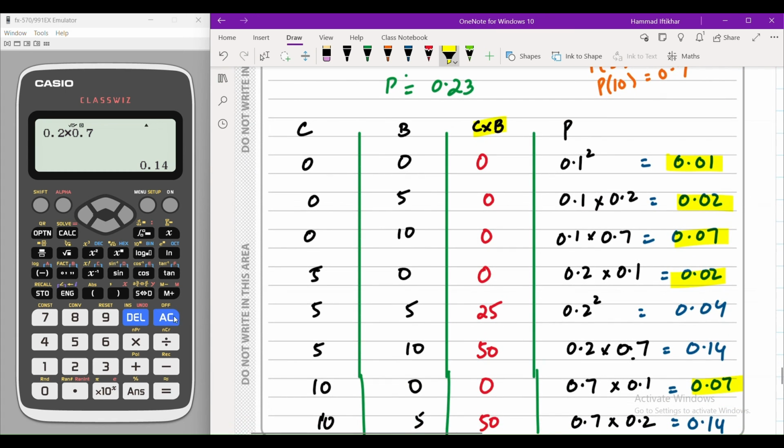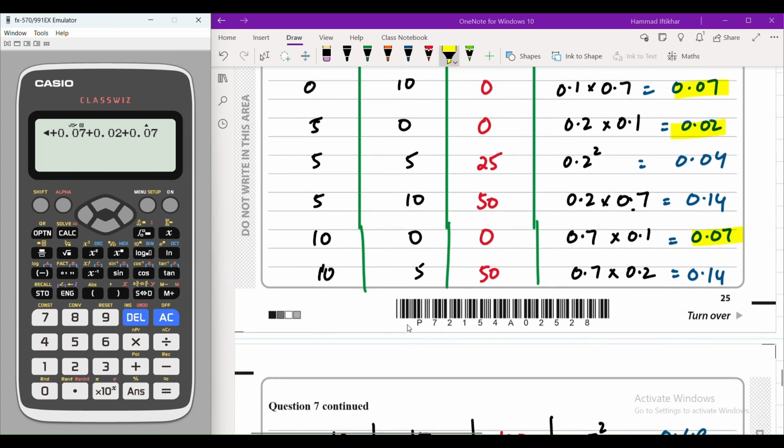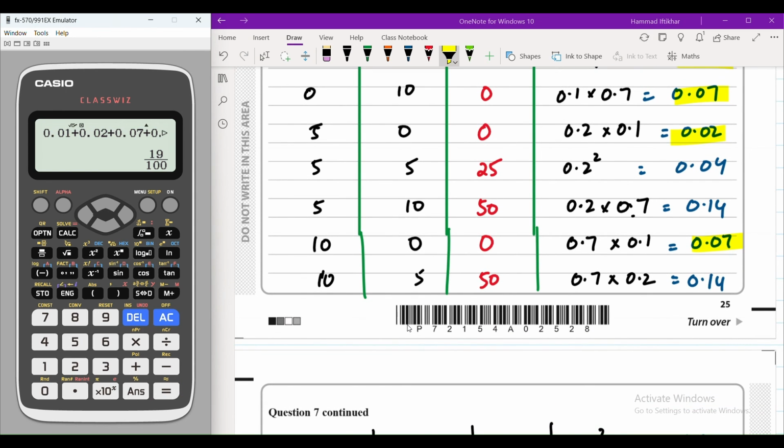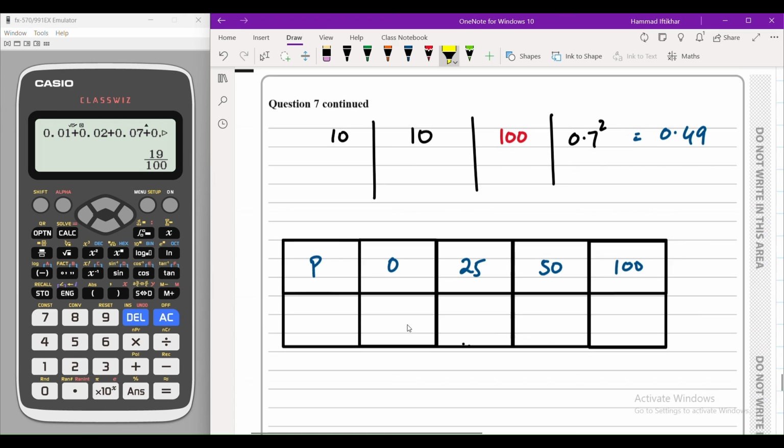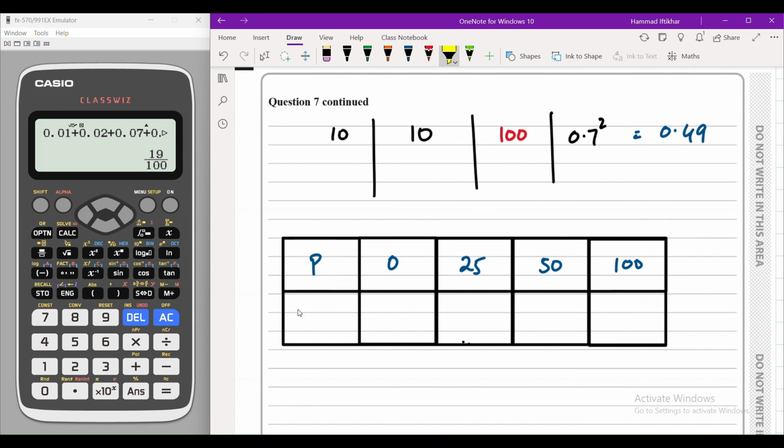So now let's add them all up. 0.01 plus 0.02 plus 0.07 plus 0.02 plus 0.07, that is 0.19. Sorry, this is the product, let's call that D. So probability of D is 0.19.